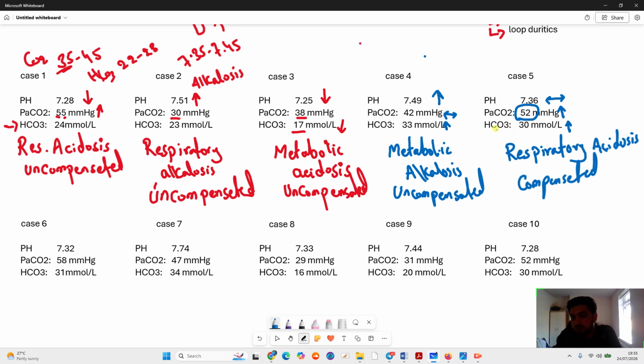By the kidney. The kidney produces more bicarbonate to neutralize the pH. Sorry, we have to look at the pH. The pH is coming in a normal range. In that case, we say fully compensated.